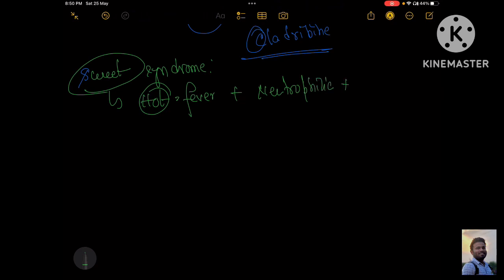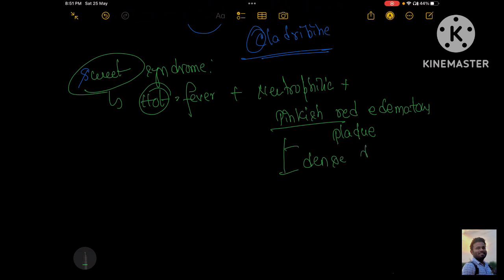And a girl looks sweet when she has red cheeks, so pinkish red edematous plaque. Why? Dense dermal infiltrate of neutrophils.